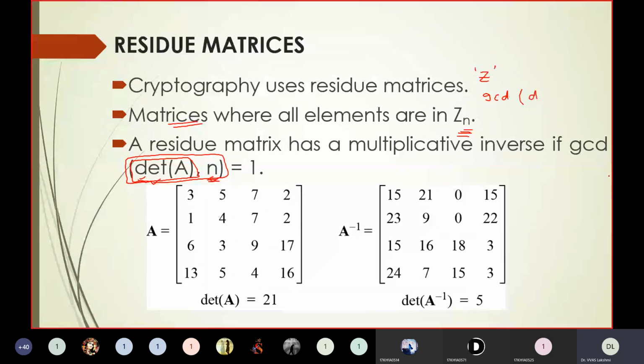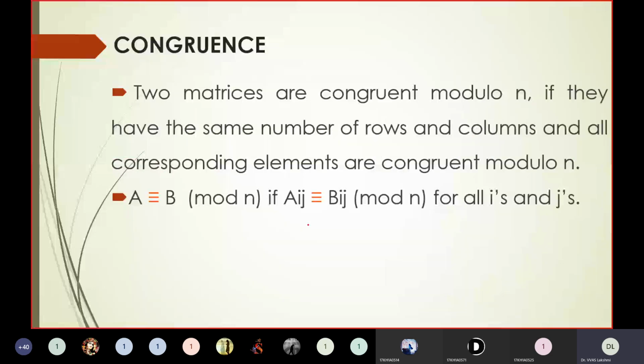After calculating the GCD, if we get 1 as a result, then only that matrix A will have an inverse matrix. If you get any value other than 1, there is no possibility of a multiplicative inverse of that matrix. Okay, this is the basic rule for calculating the multiplicative inverse of a given matrix.